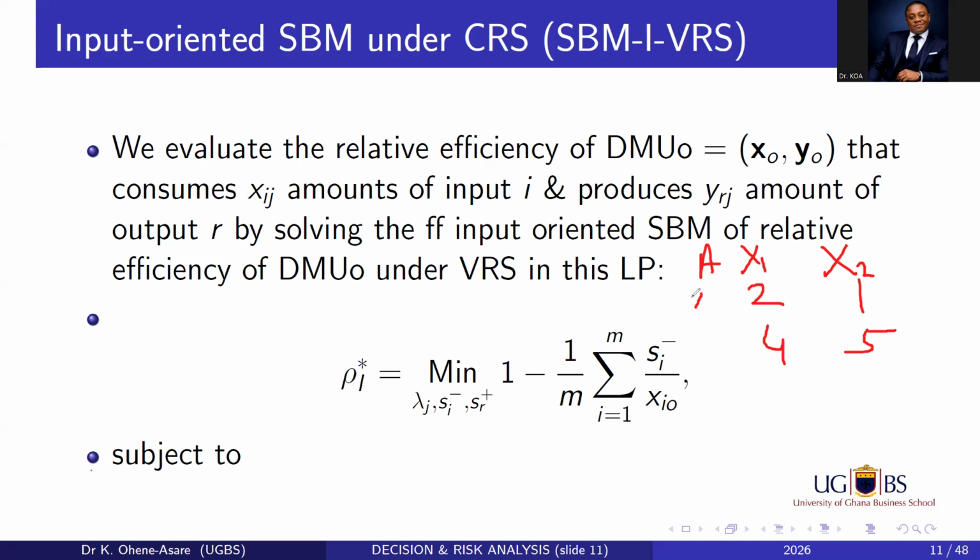Remember, you have the values. And by the way, when I said slacks, these were the slacks, the Si. These are the slacks, and then these are the inputs of the firm under evaluation.